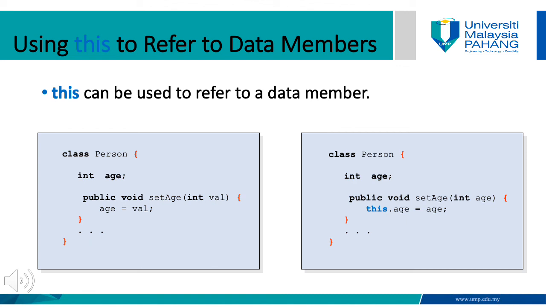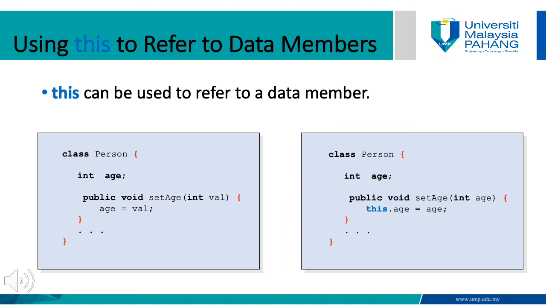Class Person, integer age, public void setAge(int age), and in the curly brackets you use the reserved word this.age = age.